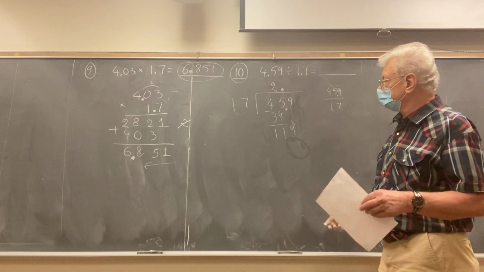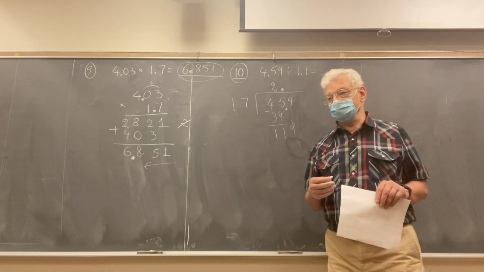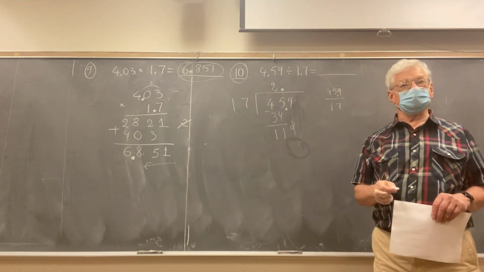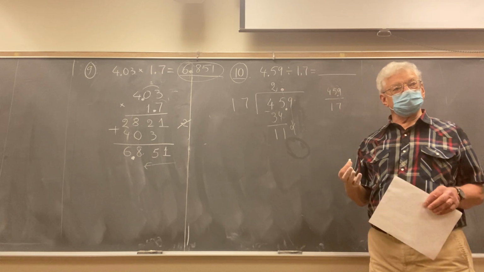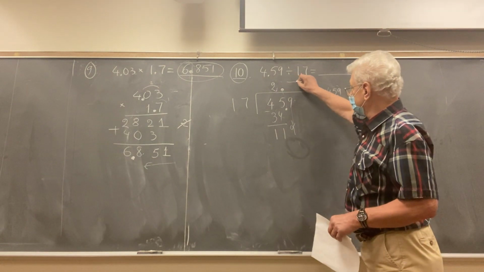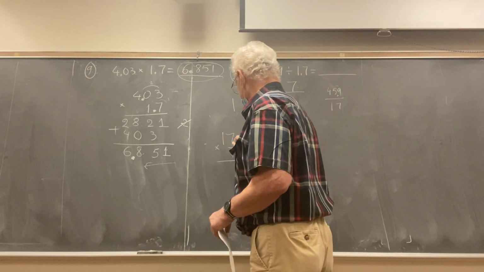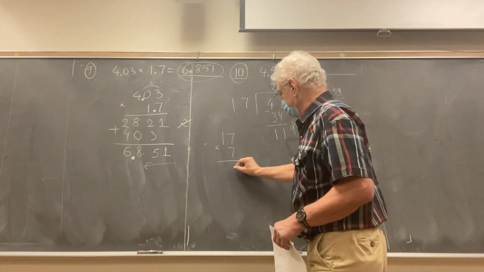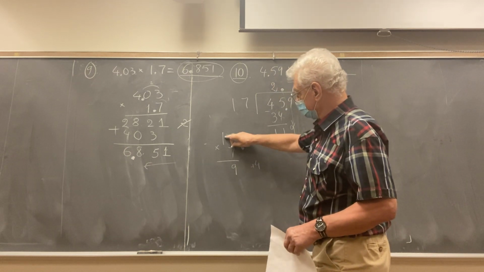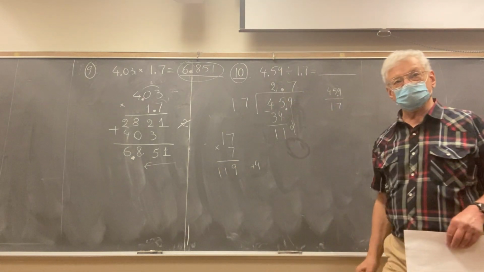119 over 17. So you have to remember the multiplication table. Which number do you have to multiply by 7 to get 9 in the end? The only possibility is 7. 7 times 7 is 49. So let's try 7. 17 times 7: 7 times 7, 49, plus 4. 7 times 1 is 7, plus 4 is 11. Exactly that number.